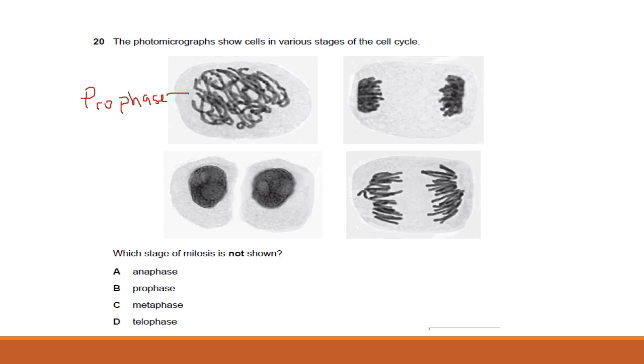I can see my cells here are moving in chromatids sort of, so that must be anaphase, and they're at opposite poles, right? That must be anaphase. This is probably telophase because it looks like they're splitting, and obviously when they're splitting into two like this, that's cytokinesis.